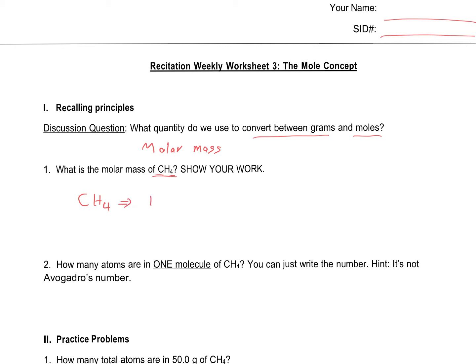So carbon is 12.01, plus 4 times the mass of 1 hydrogen, which is 1.008, and we have 4 of them. You add all together and that will be 16.042. Okay, and the unit is gram per mole. So that's how you find the molar mass of any compound.